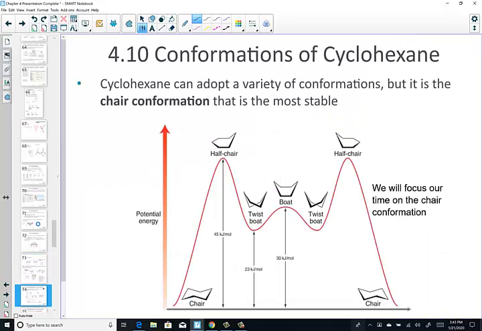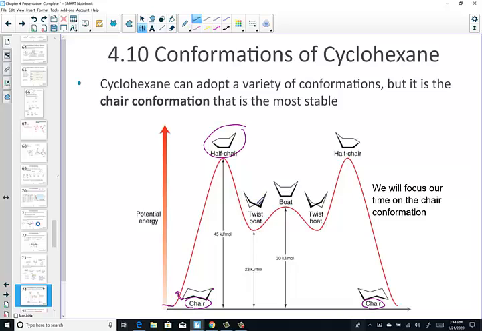Look at all the possible conformations for cyclohexane. We saw the most stable, lowest energy is the chair conformation, and its mirror image over here, the chair conformation. If you were to take this carbon and kind of flip it up, leave this side the same, but flip up this carbon, you get a half chair. That's the least stable conformation.